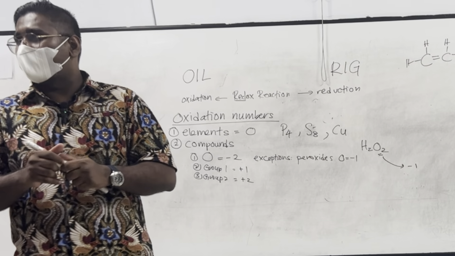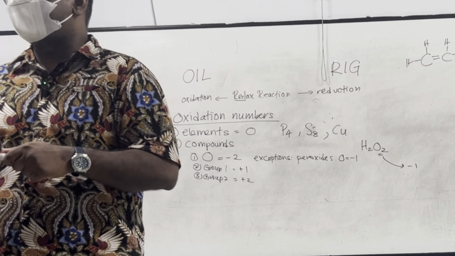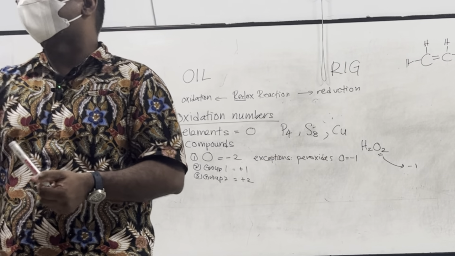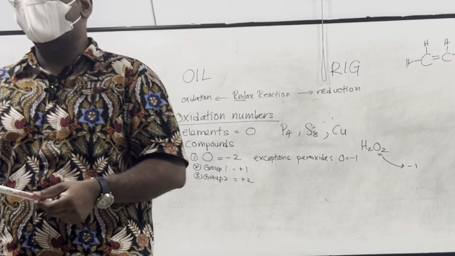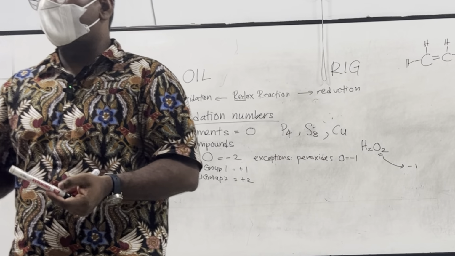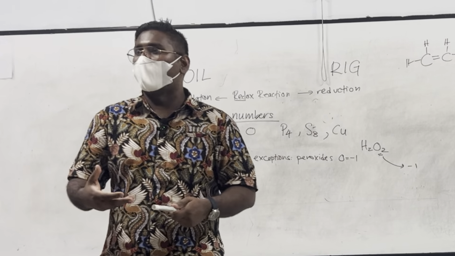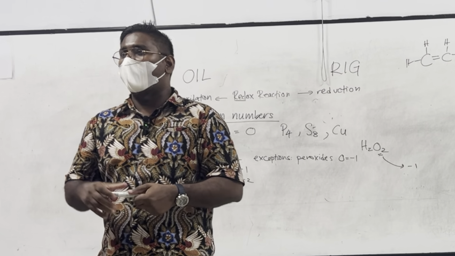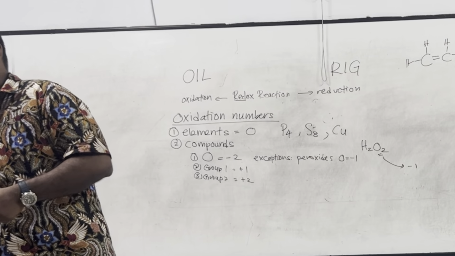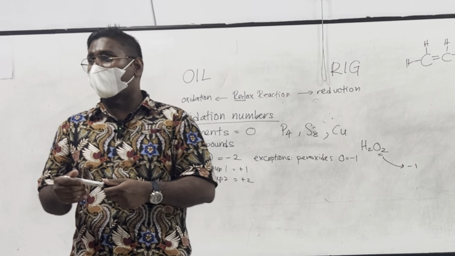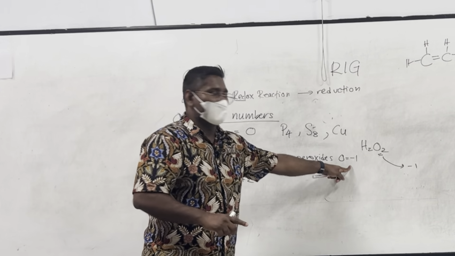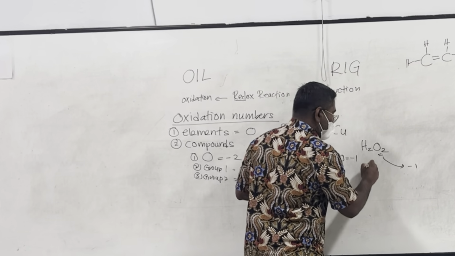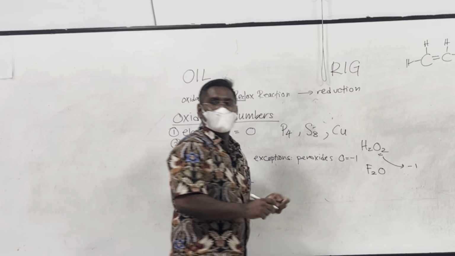So potassium in a compound, let's say for example KCl, K is +1, following the group. Cl also follows the group, which is group 7, so it will form -1. Cl is -1. There are some exceptions. On top of this, there is one more exception, related to F2O.